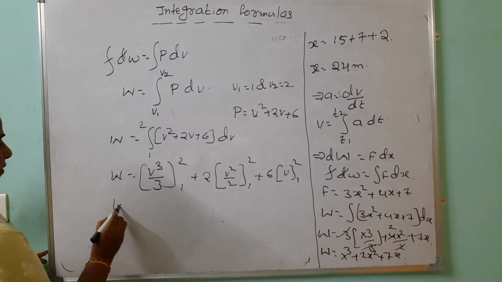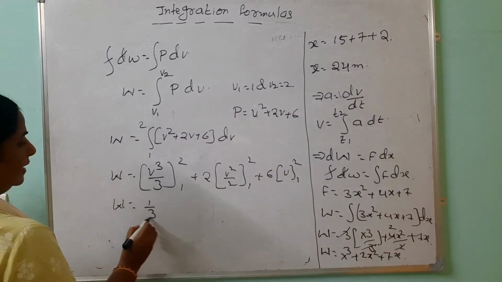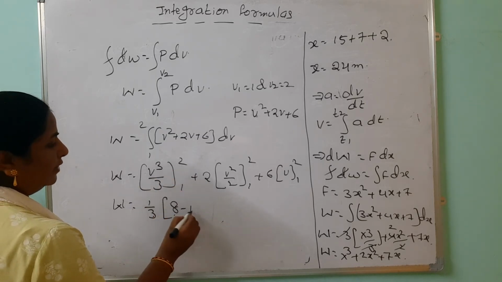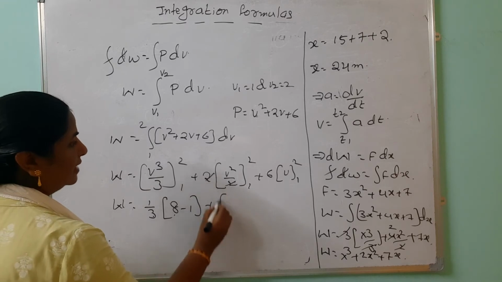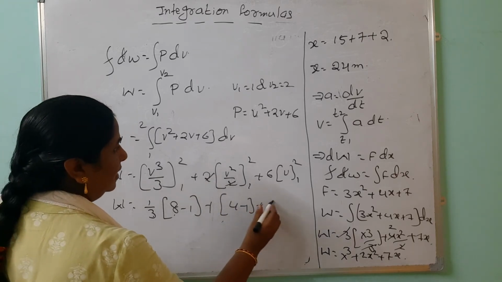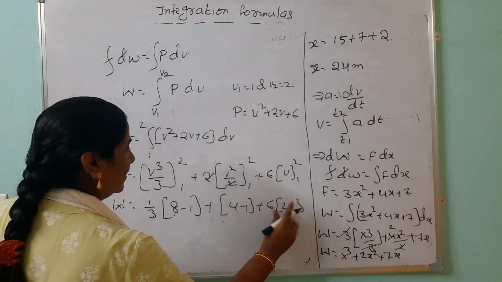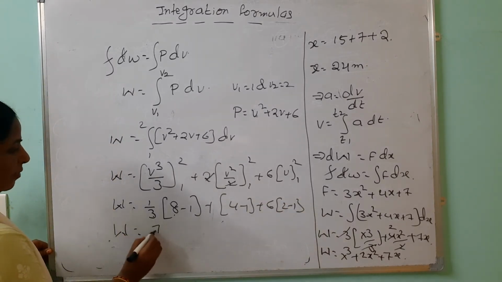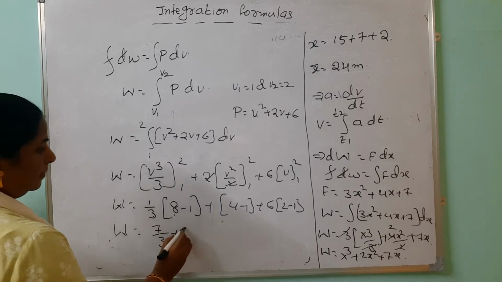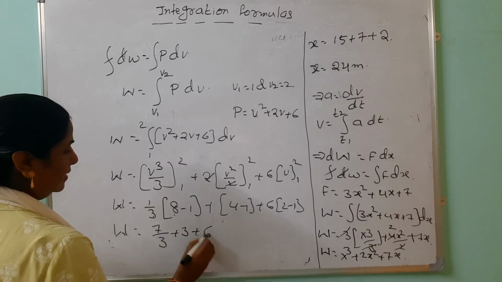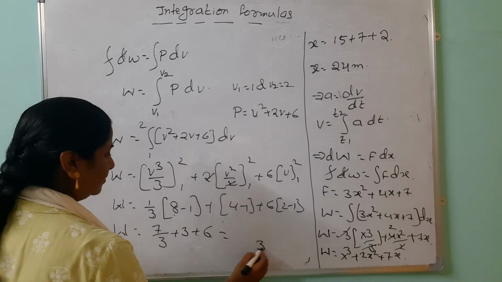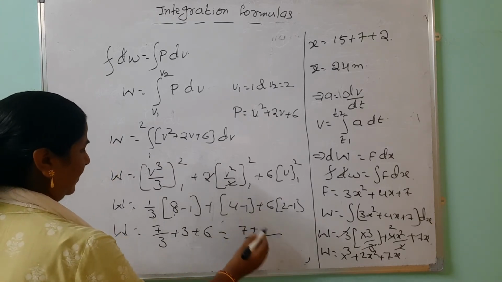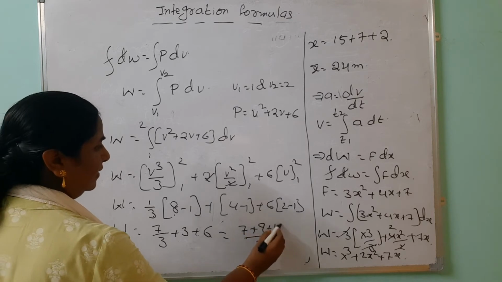After simplification, what do we get here? 1 into, instead of V cube, 2 cube means 8 minus 1 cube is 1, that is 7. Here 2 cancels, you get 4 minus 1. Here 6 into 2 minus 1. So after simplification you get the work done. This is 7 plus 3 plus 6. After taking the LCM, 7 plus 9 plus 18.